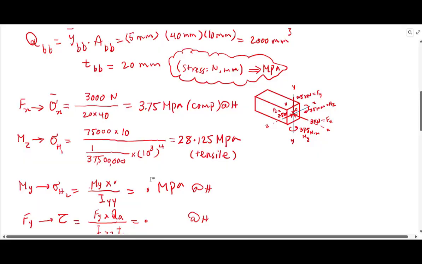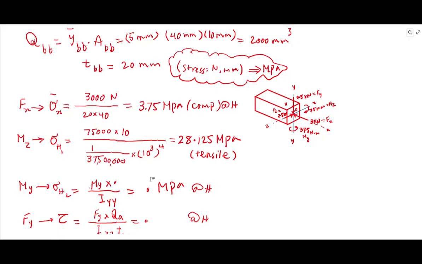Now, due to the bending about the y-axis, there will be zero normal stress developing at H, because with bending about Y the neutral plane has zero normal stress.